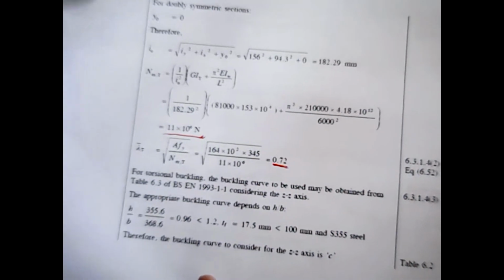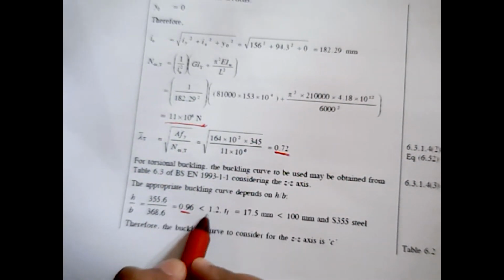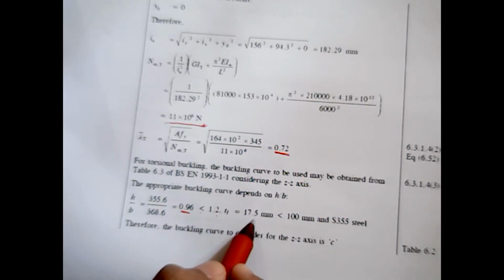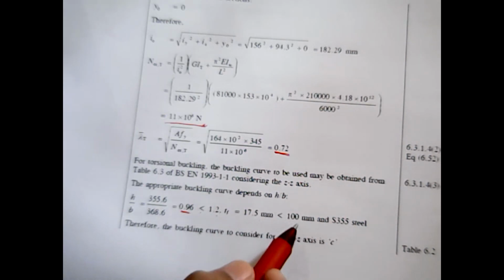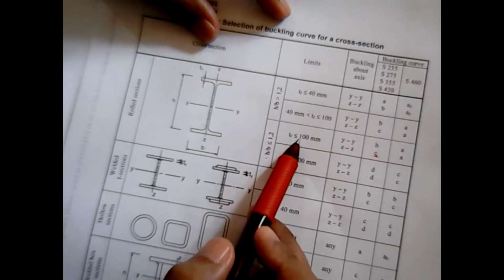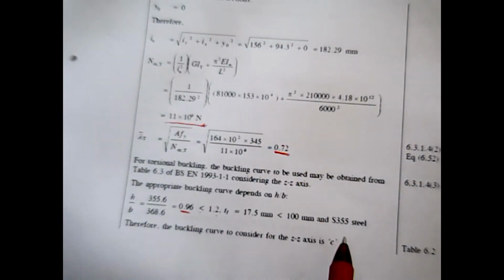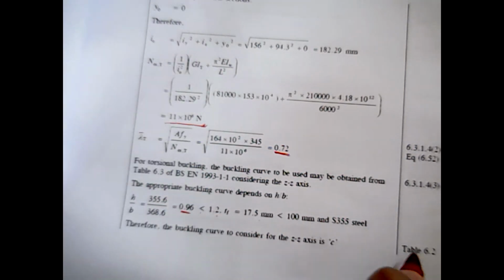So in this case, just check h over b 0.9, which is less than 1.2, tf 17.5, less than 100. So again, the same thing, less than 1.2, less than 100. For zz exists, your buckling curve is C. So when your buckling curve is C, you need to refer to table 6.2.